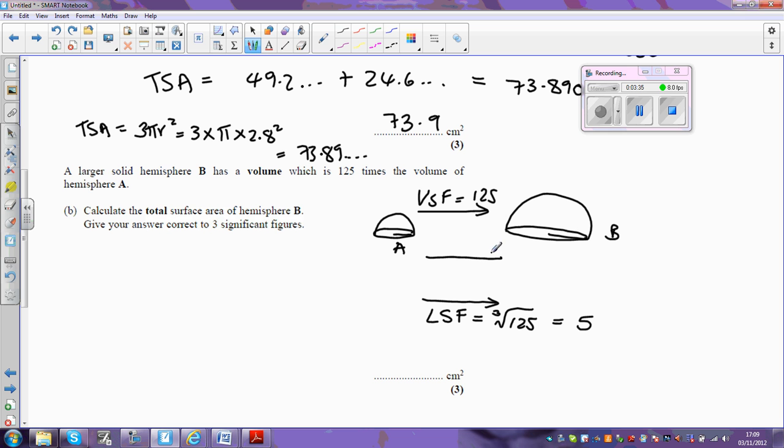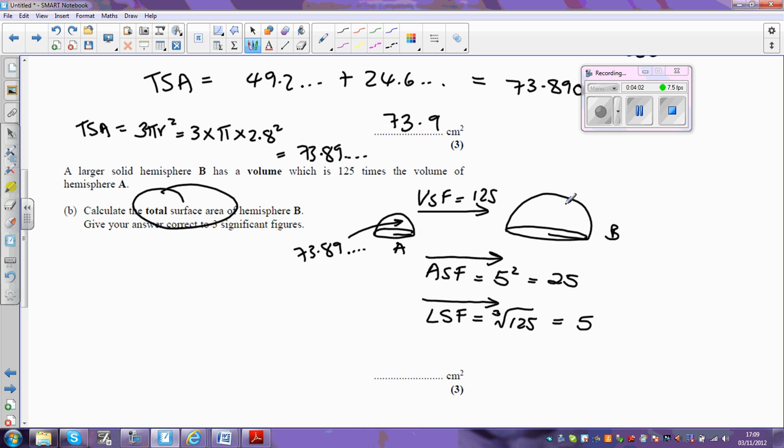To find the area scale factor, because the question is asking us about the surface area of the larger one, the area scale factor is just the square of the length scale factor. In other words, it's 5 squared, which is 25. So areas are multiplied by 25. Now we've just worked out in part A that the surface area of this one, which is A, was 73.89.